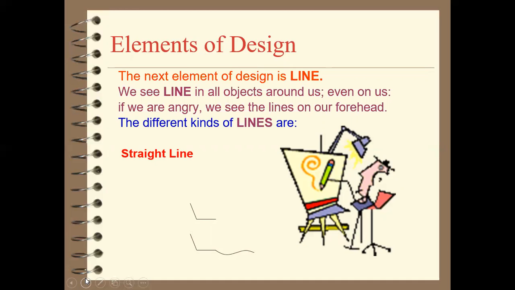We see line in all objects around us, even on us. If we are angry, we see the lines on our forehead. The different lines are, we have the straight line, the curved line, the bent line, and a combination of the bent line and the curved line.